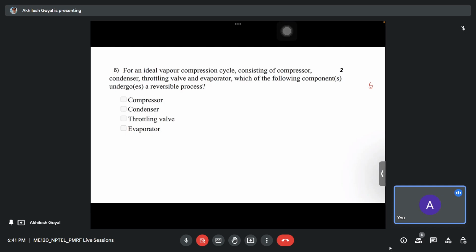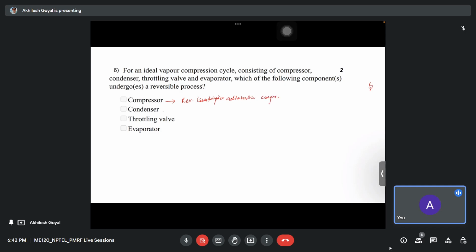As we have already seen in the initial second, third, fourth slides, for ideal vapor compression cycle, the compressor works on reversible, isentropic, or adiabatic compression, right?